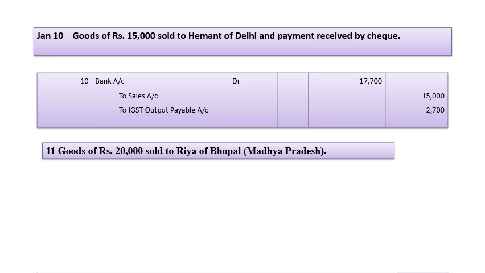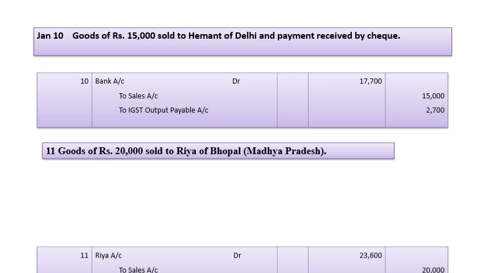So here CGST or SGST is applicable or IGST is applicable. So answer is here also, as it is a transaction between two states, IGST is applicable and following entry can be passed.